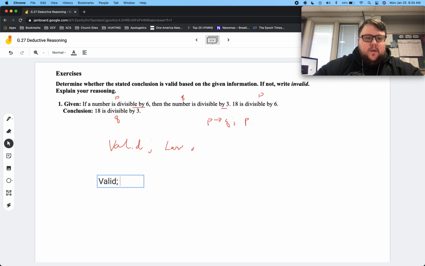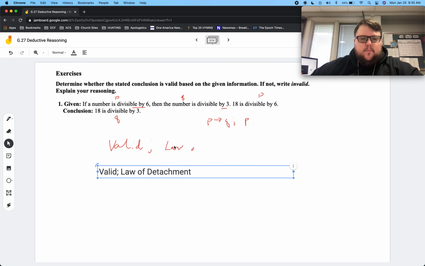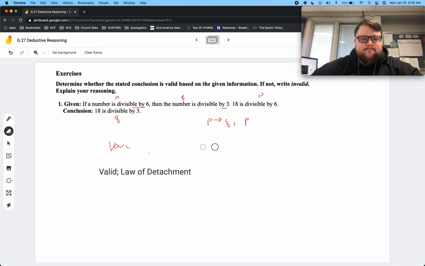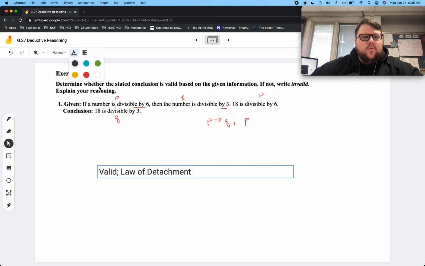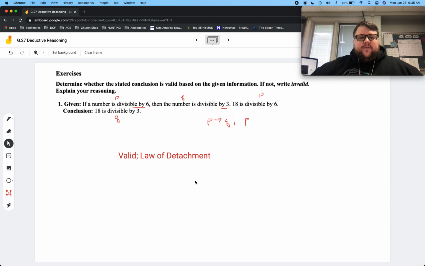Valid, law of detachment. So that's your answer. So there you go. That was valid because of the law of detachment.